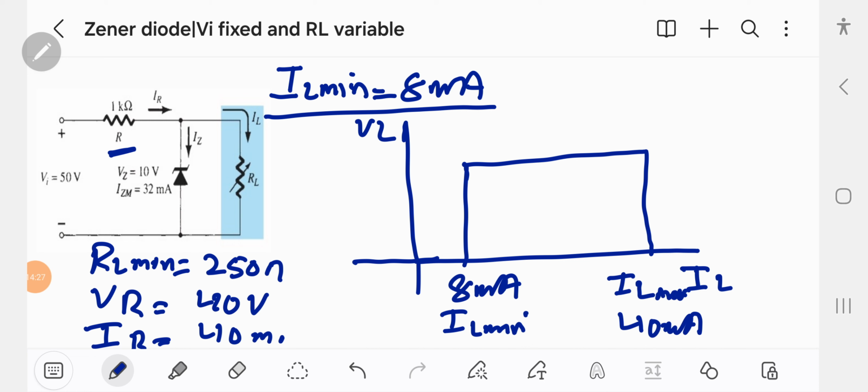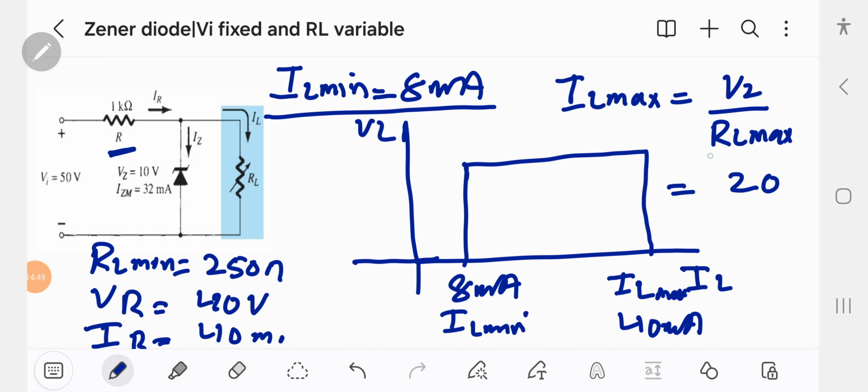This can be found from this equation, IL maximum is equal to VZ divided by RL minimum, which is 250 ohm, which is equal to 40 milliampere.